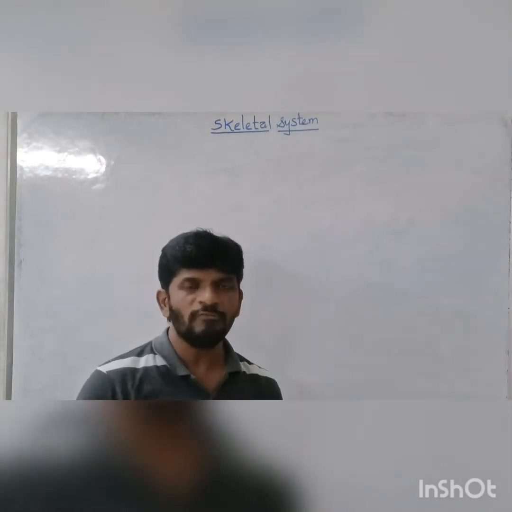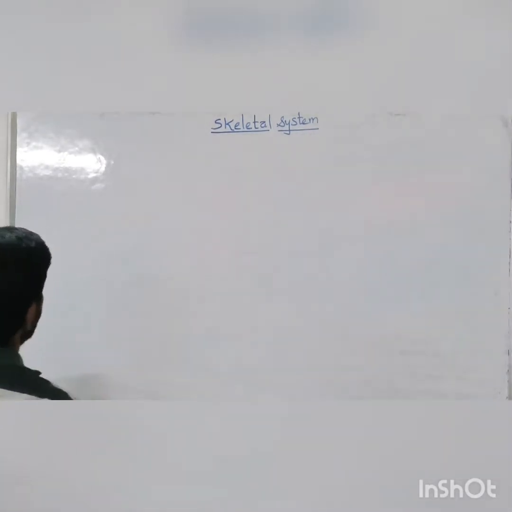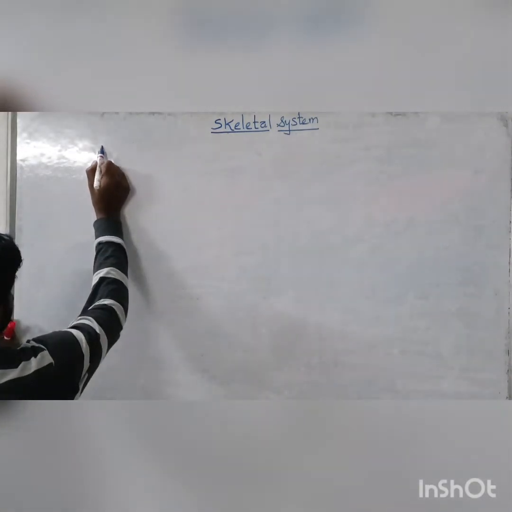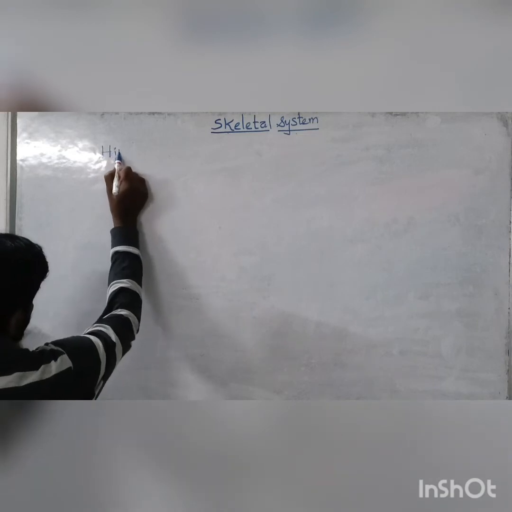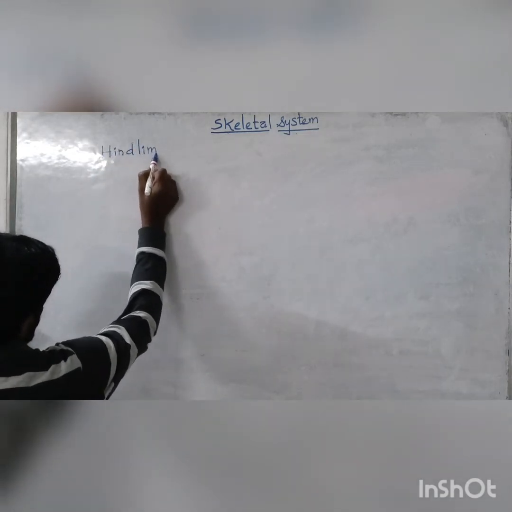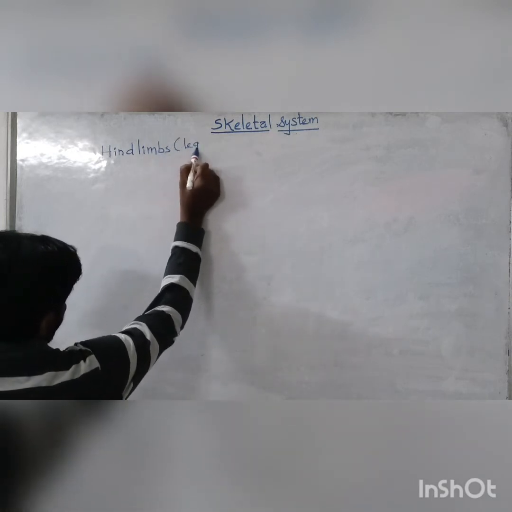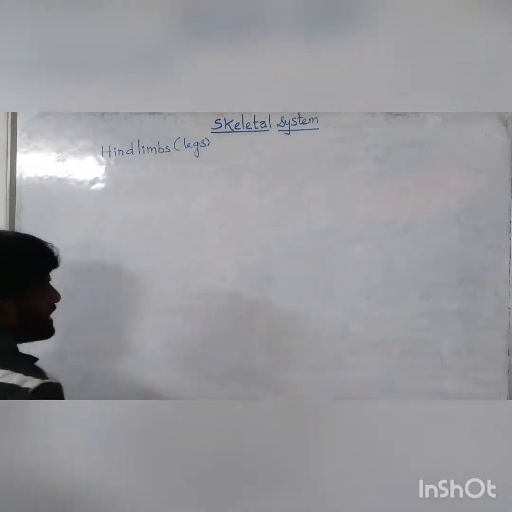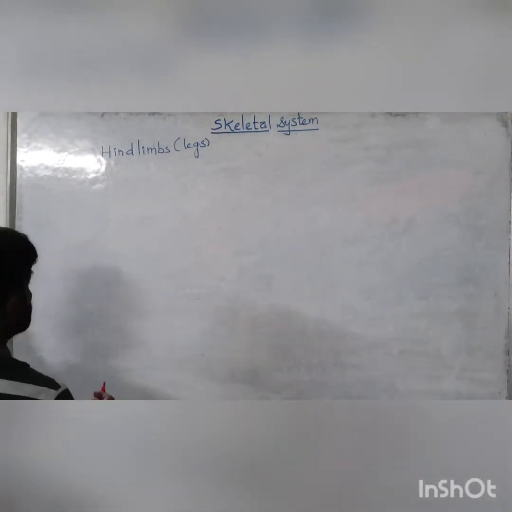The hind limbs of man along with the girdles are called the pelvic girdles. I mean the legs. Each hind limb of man contains the following bones.